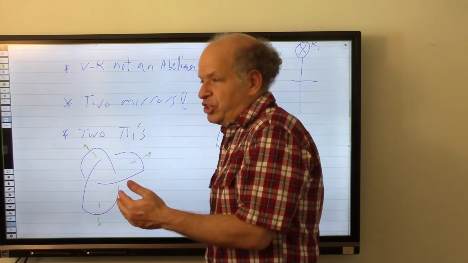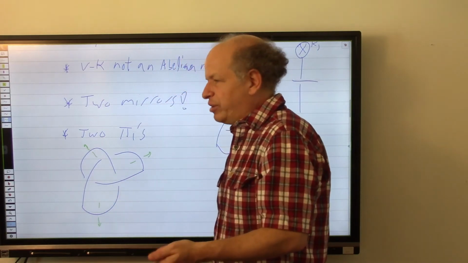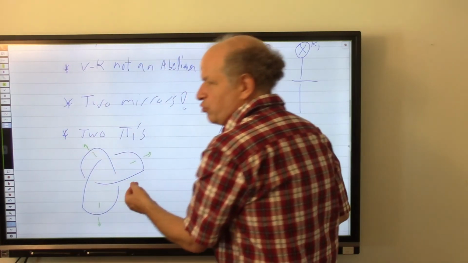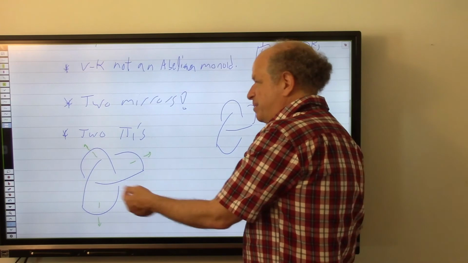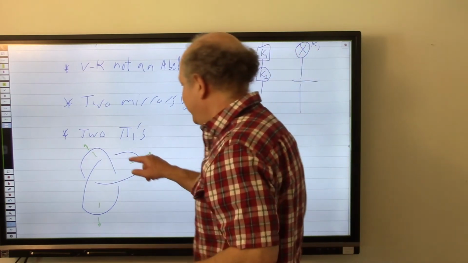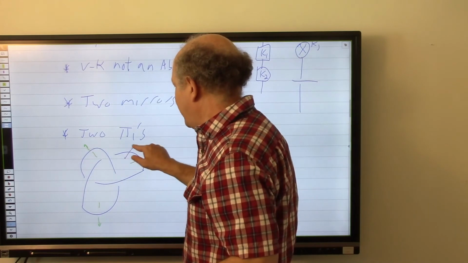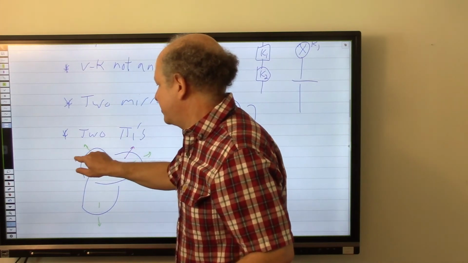Now, there is also an opposite Wirtinger presentation, where the base point is behind the knot and the generators go above the strands.